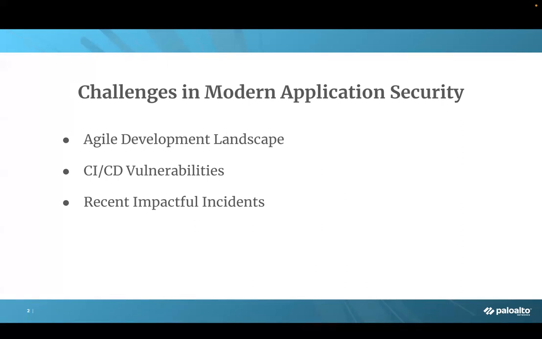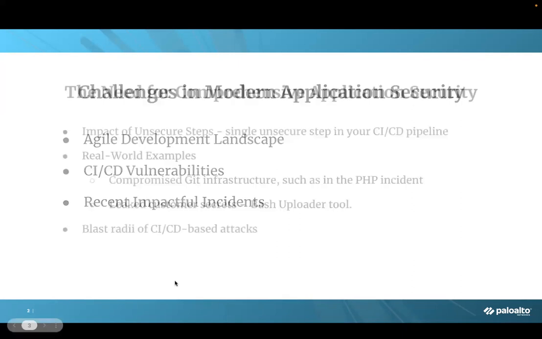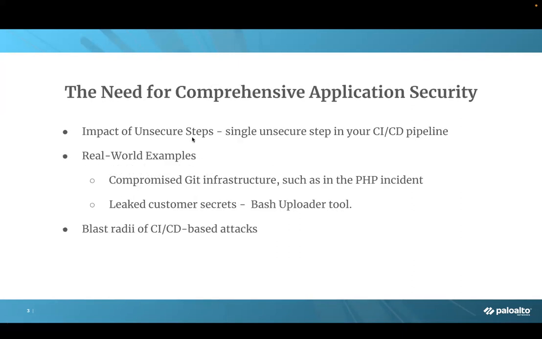It's time to think differently about how we approach application security for cloud native apps and how the CI/CD attack surface is covered around this application security. So those are some of the challenges I wanted to focus on. As I mentioned, the impact of any single unsecure step in your pipeline is going to be significant.